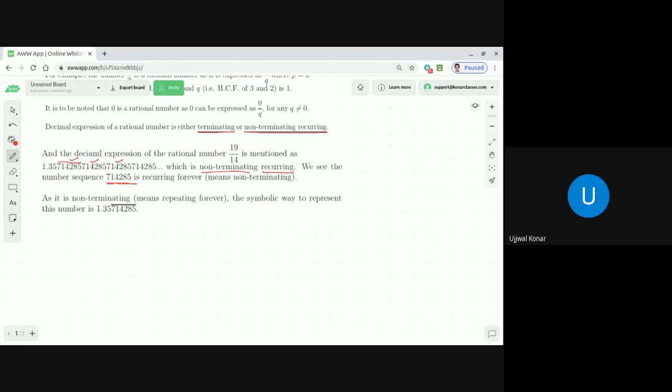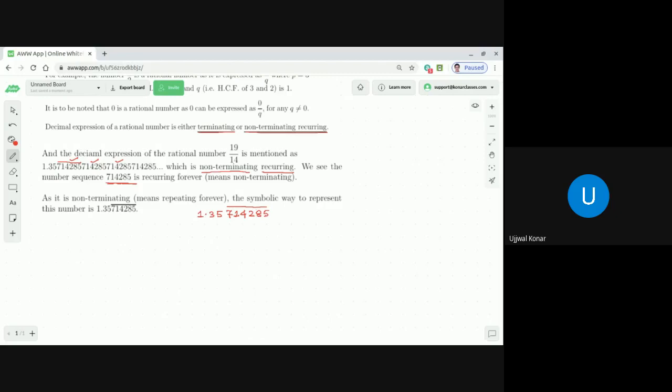So as it is non-terminating, meaning repeating forever, the symbolic way to present this number is 1.3571428 with a bar. That bar, as you see, means that 714285 is actually recurring.